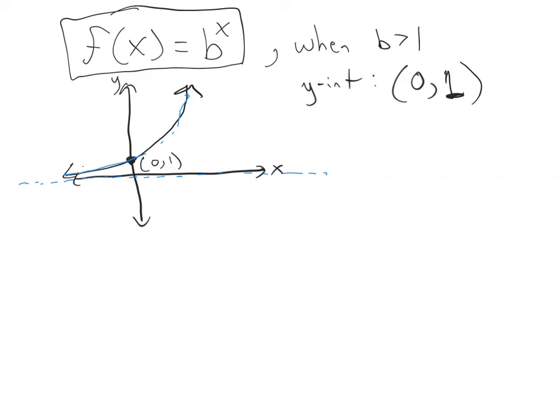So here I draw this blue dotted line because this is what we call our horizontal asymptote. So this is our asymptote. We're never going to reach 0. So this function, the height, which is f of x, never is going to reach 0.